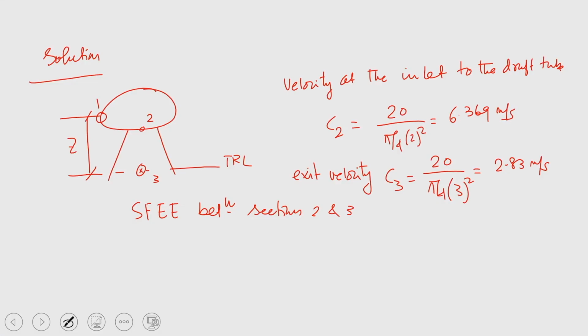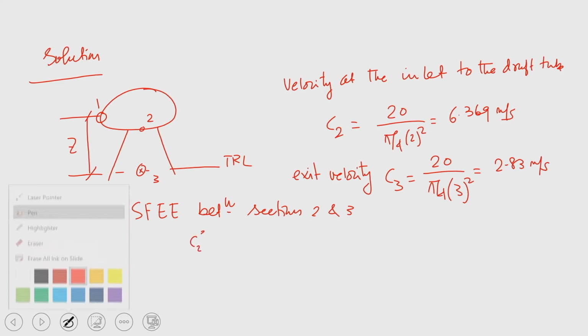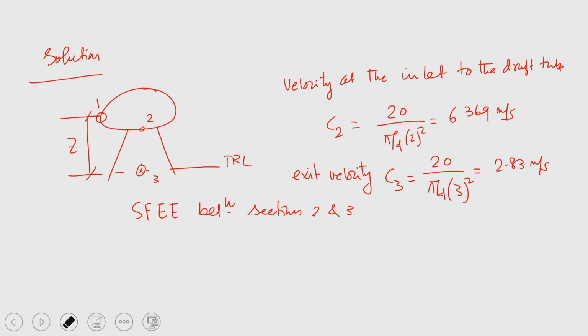So, you know that we can write V2 square by 2g, P2 by rho g plus z equal to V3 square by 2g, minus h dTl, because this is open to atmosphere.